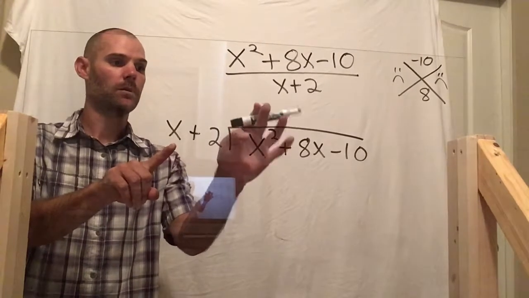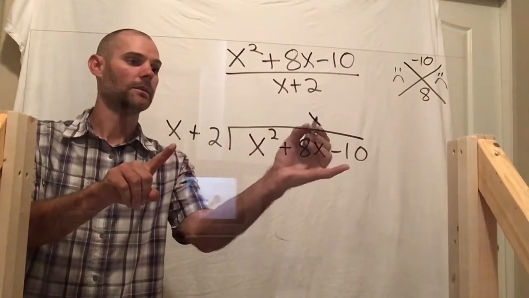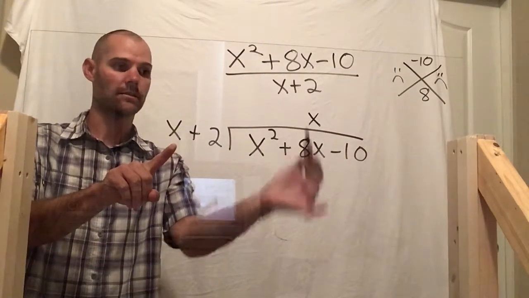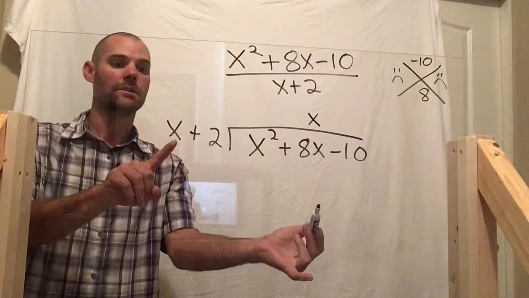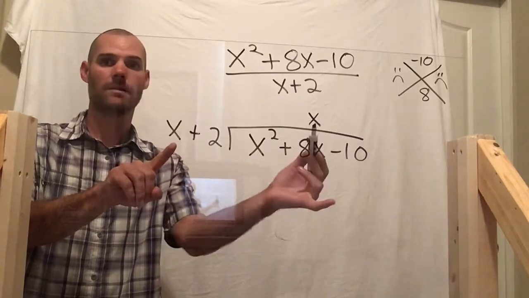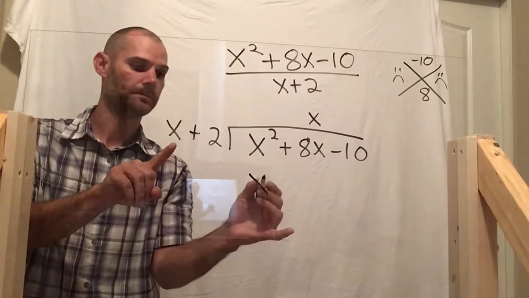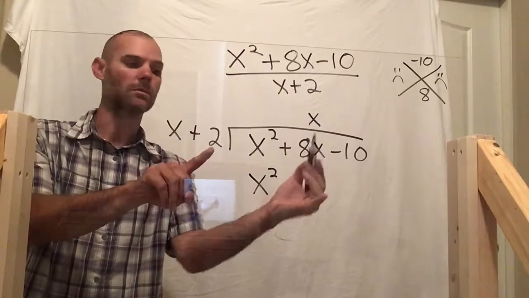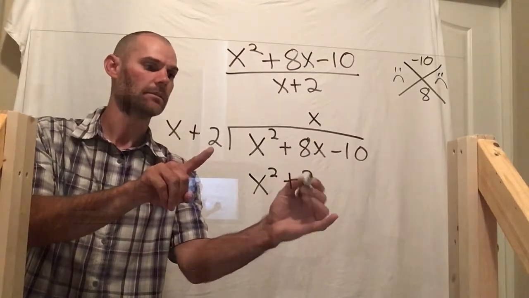I want to put my x here so that an x to the first lines up with an x to the first, in the correct column. Now x times x is x squared, and x times 2 is 2x.